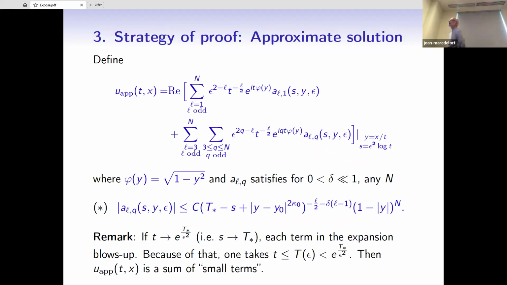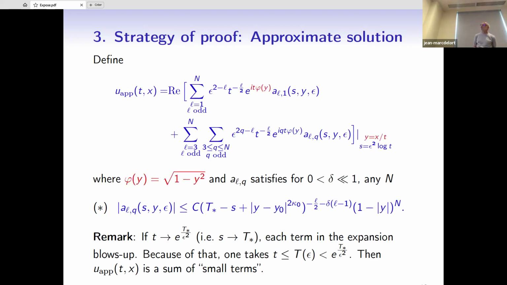So now, let me give the strategy. Well, the first step in the proof is to construct an approximate solution. So I call U up a function given by an ansatz, which has the following structure.